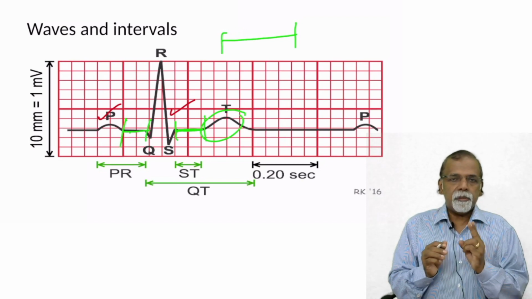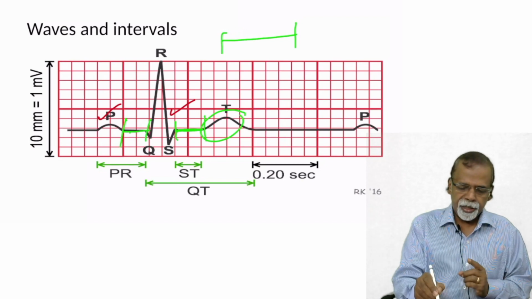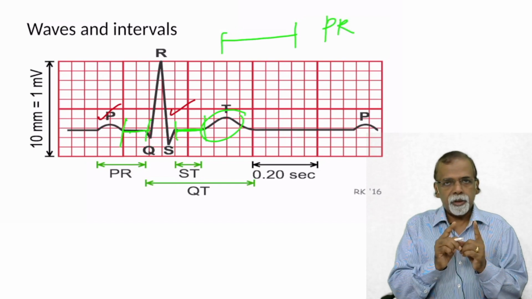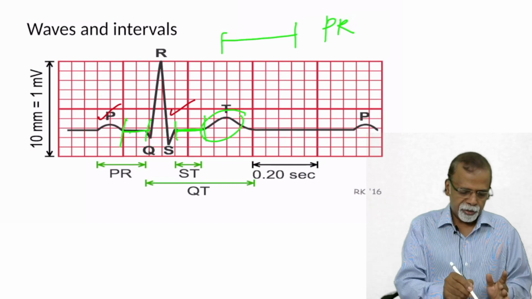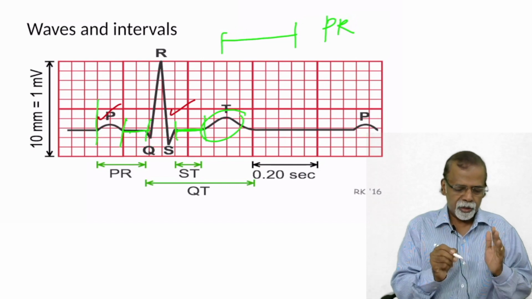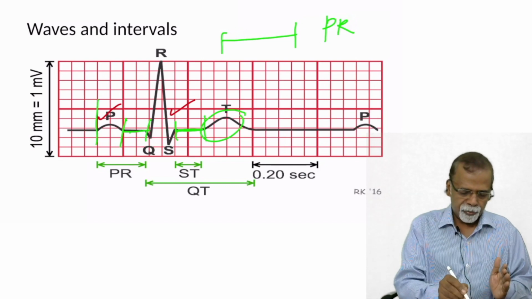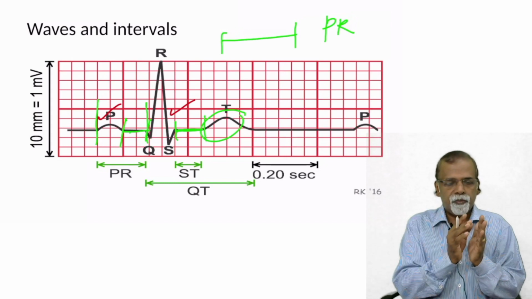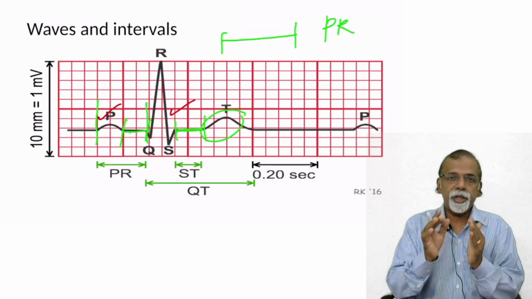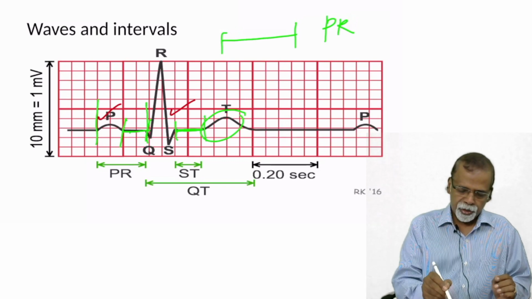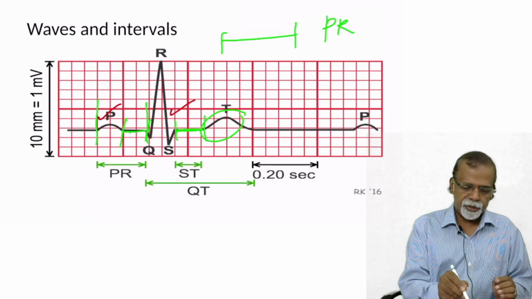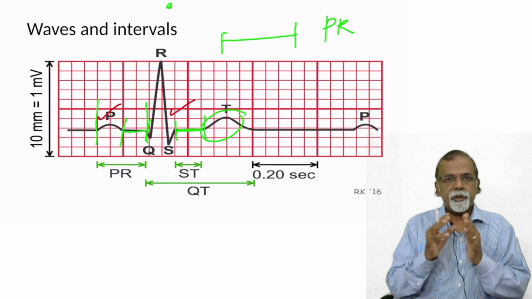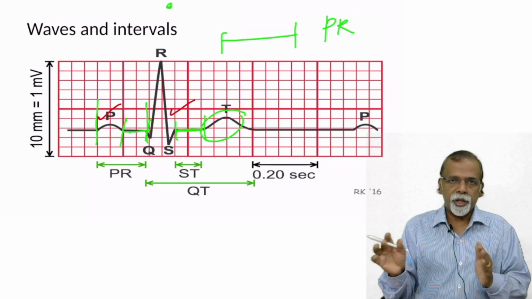Two intervals you should remember. One is the PR interval. As I already told, it contains a wave, the P wave. It starts from the beginning of the P wave to the beginning of the QRS complex. So let us see what happens during this period. The impulse originates in the SA node, which cannot produce any electrical activity in the recording.